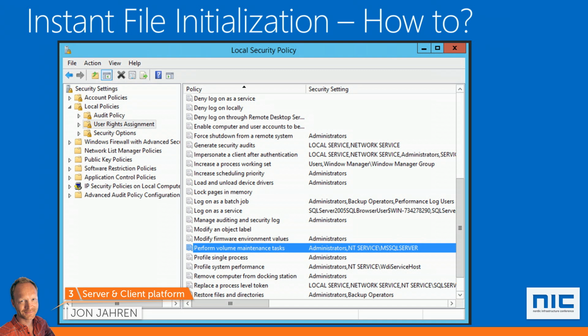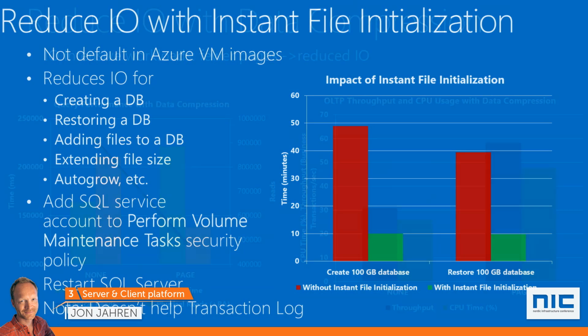And that's very important before you create databases, for restoring a database, for adding files, for auto growth events. It's extremely important. It can reduce the time to perform file operations from like 100 seconds to just a few seconds, just to have that permission.